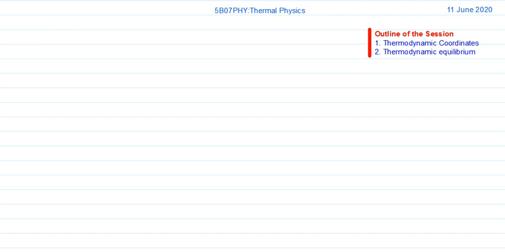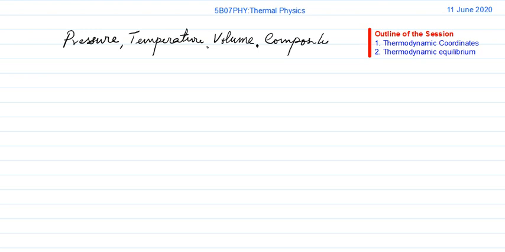The examples of thermodynamic variables or coordinates are the pressure, the temperature, the volume, the composition or mass, etc.